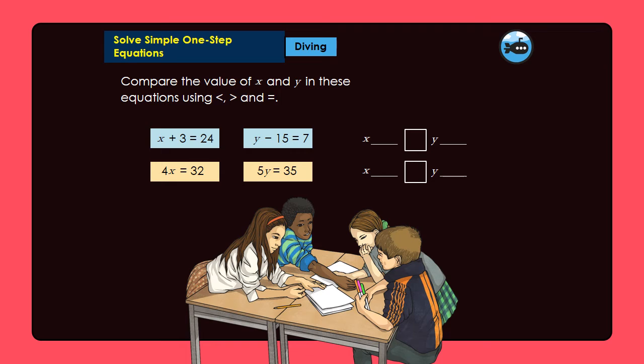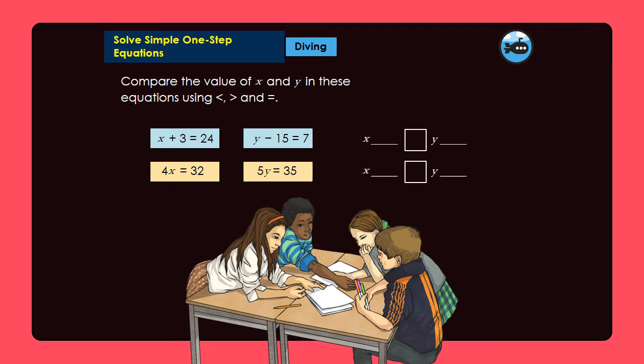I want you to first of all work out the value of x, work out the value of y, and then use the greater than, less than, and equal symbol to compare them. So the first two horizontally, they are a pair, and the second two horizontally, they are a second pair. Okay, so find the value of x and then y, and then use the symbols. Pause the video whilst you work them out.